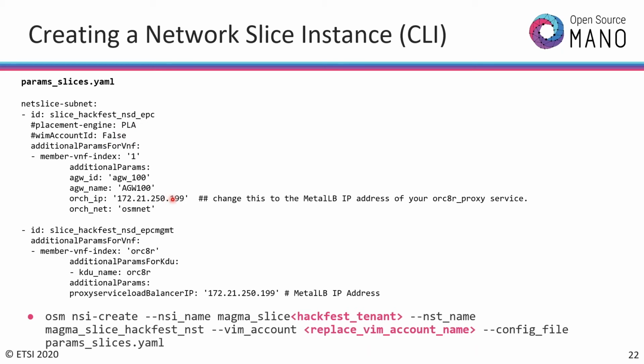But since it is a slice, and both network slice subnets will be instantiated together, it is not necessary to instantiate one and then the other, but we need to manage or influence the deployment of your network slice subnets to specify that this parameter has to be passed at instantiation time and configured.